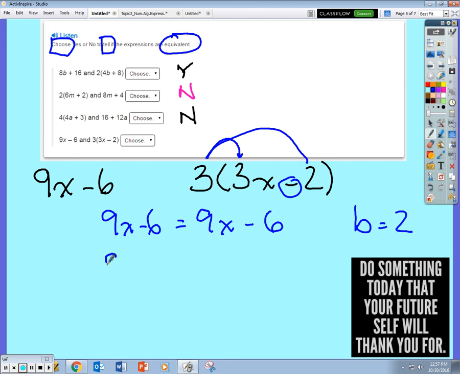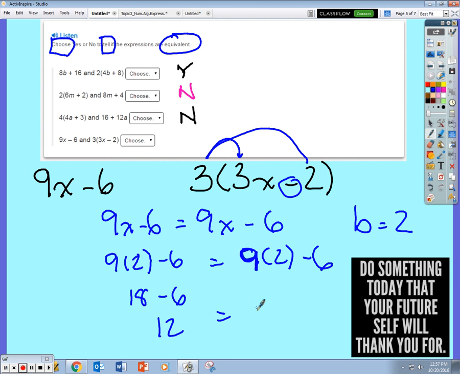Substitute the 2, we have 9 times 2 minus 6. Is that equal to 9 times 2 minus 6? Well, I hope it sure would be because they're both the same. Right? Kind of sloppy here. Getting tired. 9 times 2 is 18. 18 minus 6 is 12. Does that equal 9 times 2 is 18? 18 minus 6, yes, that equals 12. So check. Those are equivalent as well. So that'd be a yes.